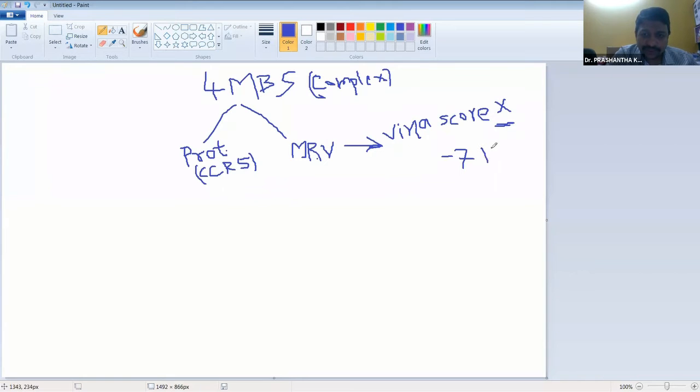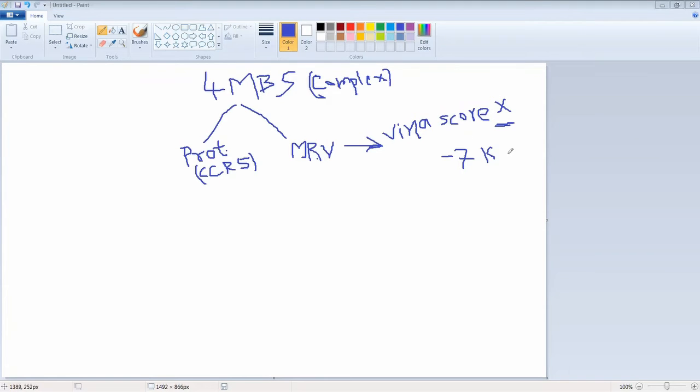The unit for this will be kilocalories per mole. So -7 kilocalories per mole will be our unit. So -7, -8, -9, -10, -5. Even it can go like -7.2, -7.3. We can get it in decimal form too. This is how the score will usually be.